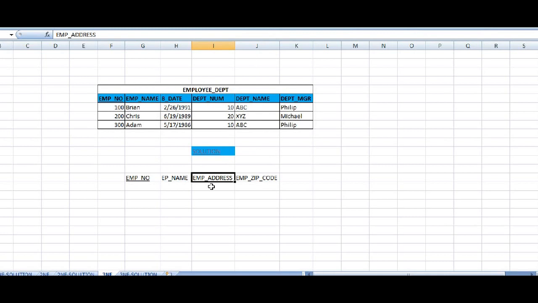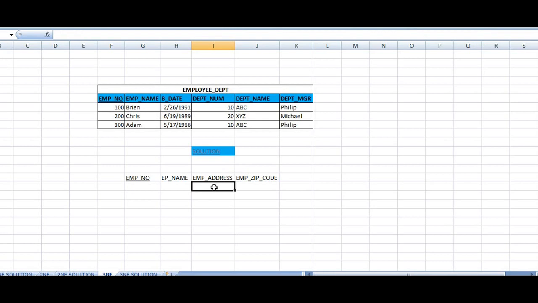You're getting it right. Means these three non-prime attributes are dependent on employee number, and this is another non-prime attribute which is dependent on another non-prime attribute, which is employee address. This is called transitive dependency.